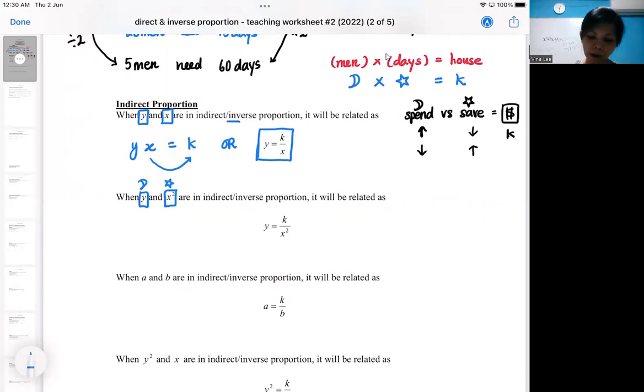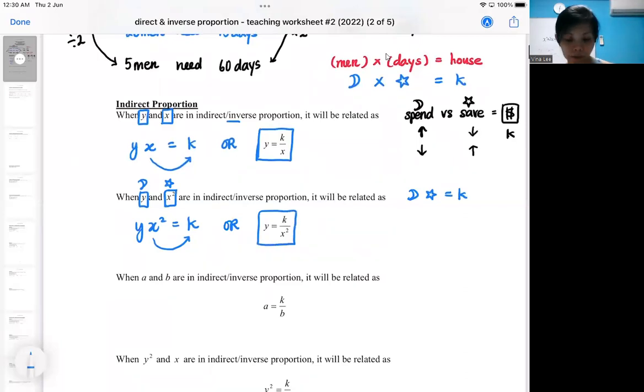That means if I multiply them, it will be equal to the constant. Same here. But if you prefer to look at y as a formula, then feel free to divide the x squared over. So you actually got two choices.